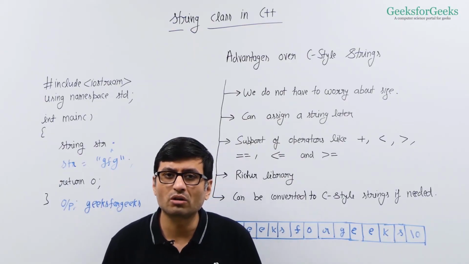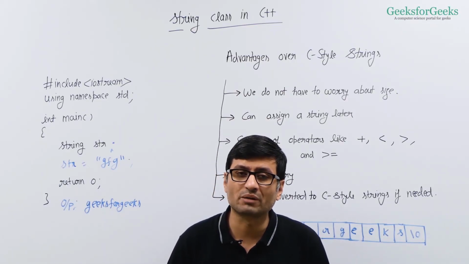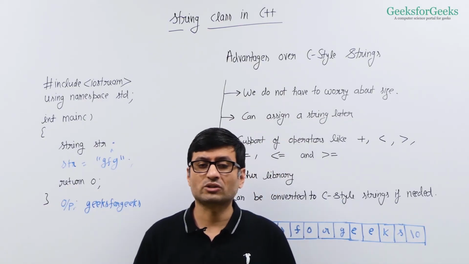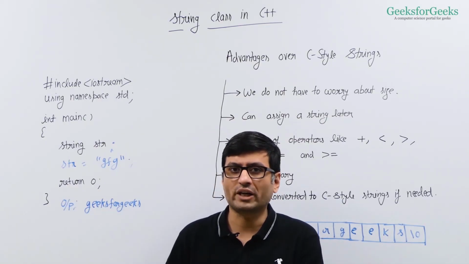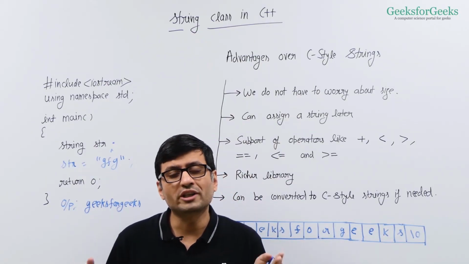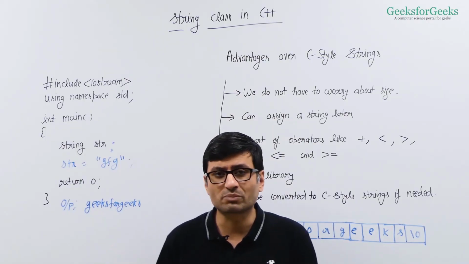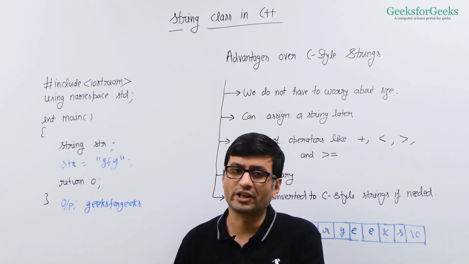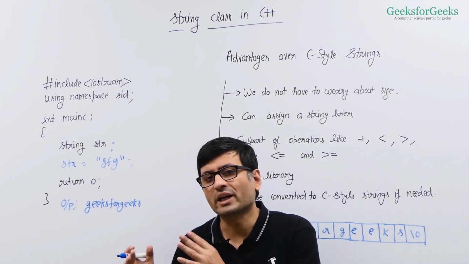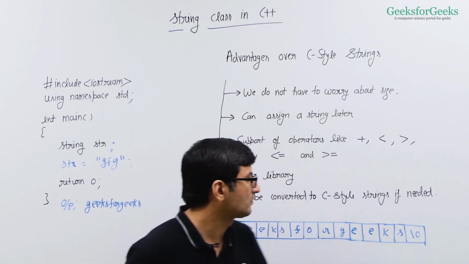So you can call functions like sort, reverse, and many other algorithm library functions on string class. All those functions that you can call on vector or array, you can call them on string as well. So all the algorithm library becomes available to you because C++ string class has iterators. It has functions begin and end which return iterators to the begin and end.